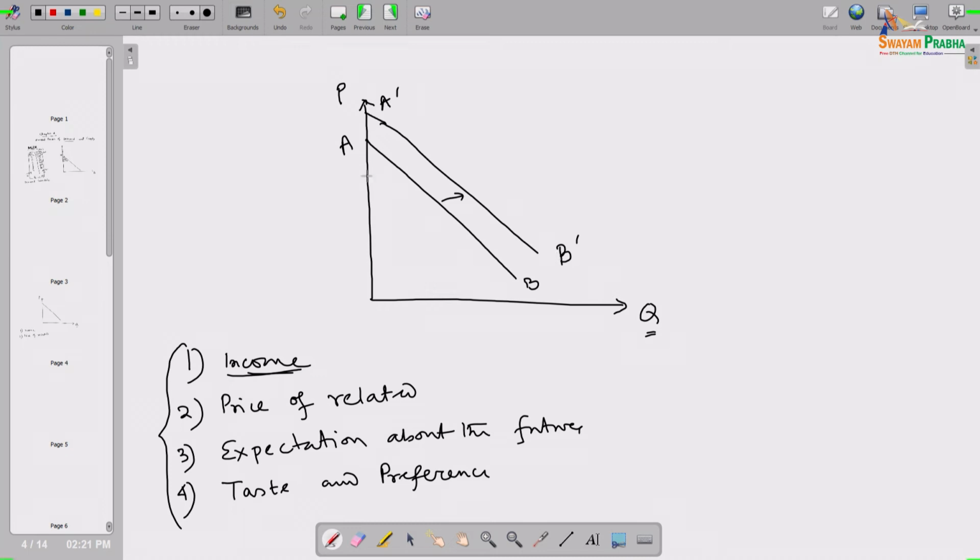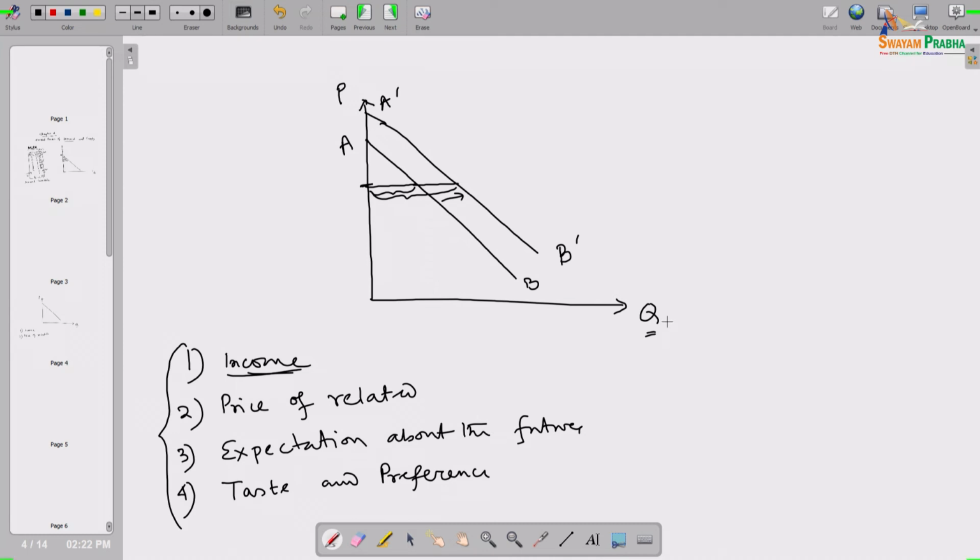Why an outward shifted demand curve? The demand curve AB is telling that when the price was at that level, I was trying to consume this much. Now my income level has increased, so I have more purchasing power. At the same price, I will perhaps try to consume a little bit more. Let me clarify one thing here. When we draw any curve like this demand curve, we are exclusively measuring 2 variables on the 2 axes.